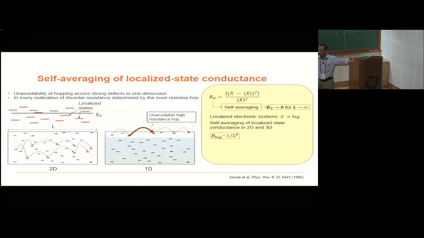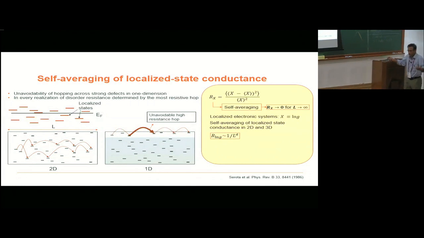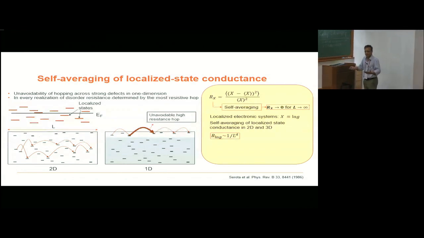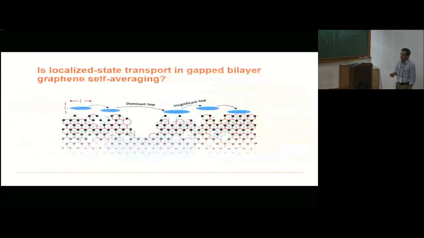You can make it longer and longer, but it's still the same bad region that will determine the transport, and hence it's non-self-averaging in nature. So we want to ask the simple question: is localized state transport in strongly gapped bilayer graphene a self-averaging transport? Because we want to see if there are edge states that dominate.